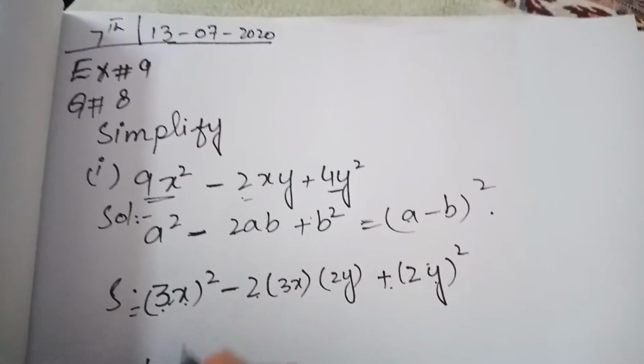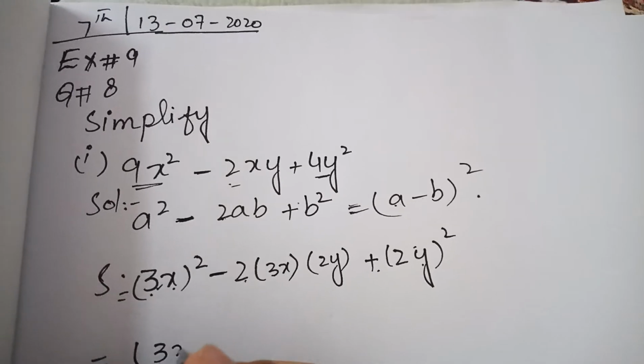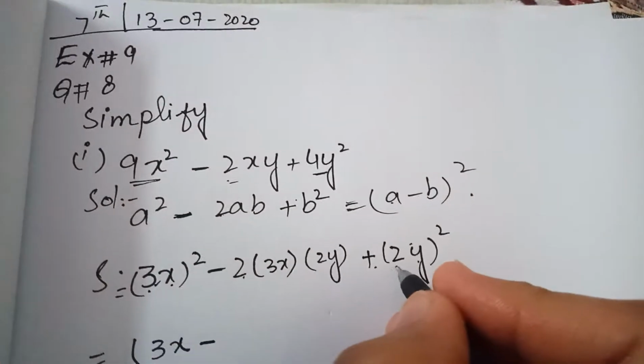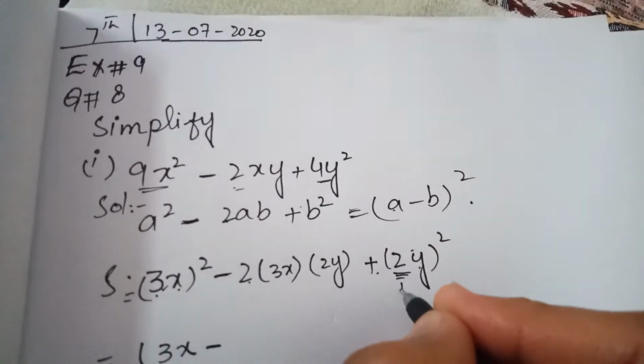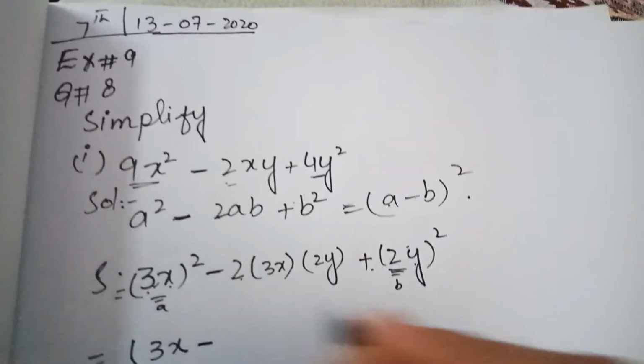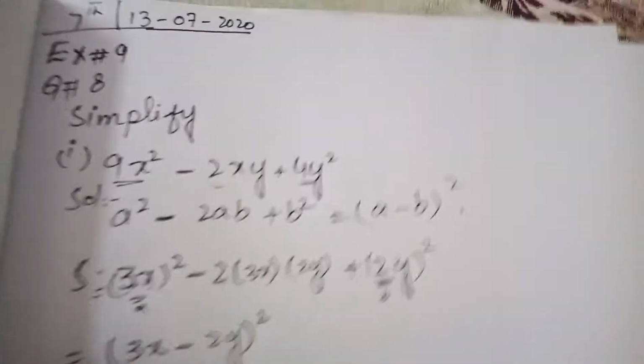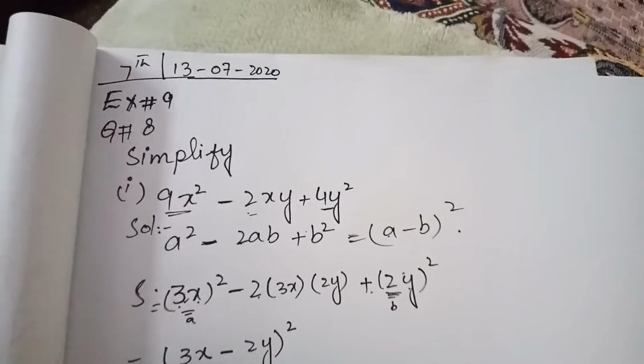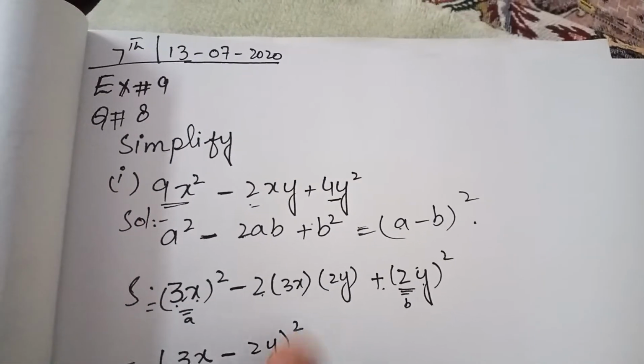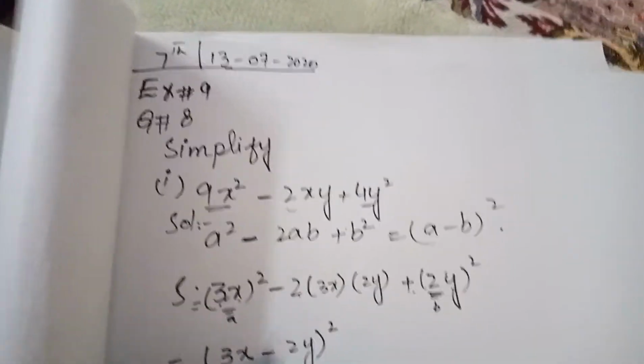What's the value of a over here? That is 3x minus, what's the value of b over here? That is 2y whole square. So this is simplified as (3x minus 2y) whole square. Similarly, you can do the other parts.